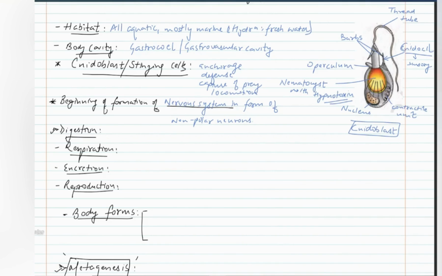Now digestion is both intracellular and extracellular. Intracellular digestion means that digestion takes place inside the cell, and extracellular digestion means that it takes place in the gastrovascular cavity.